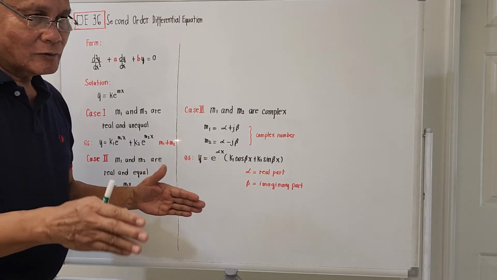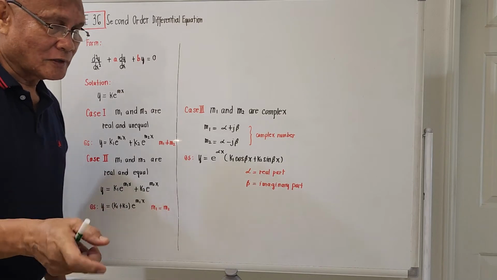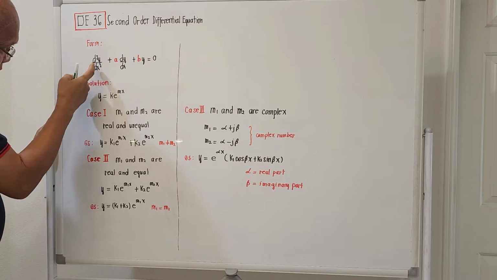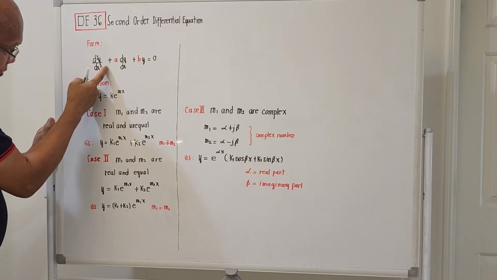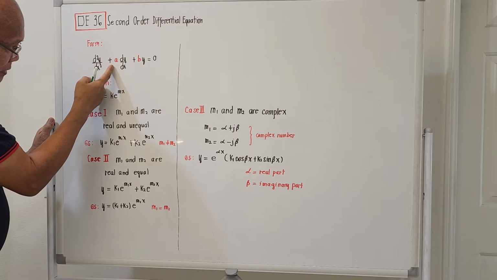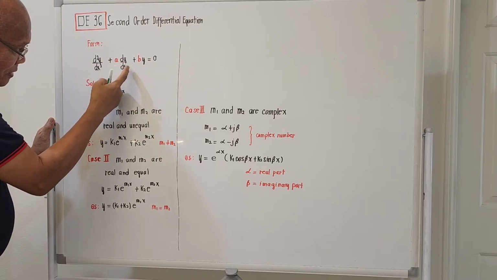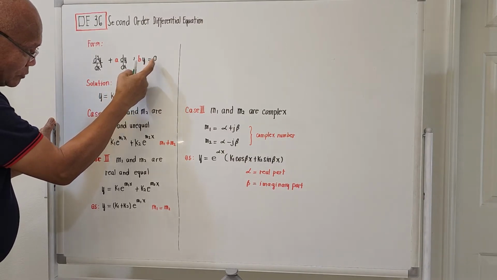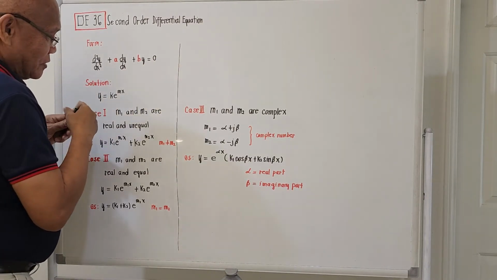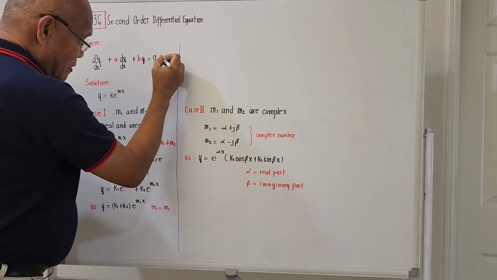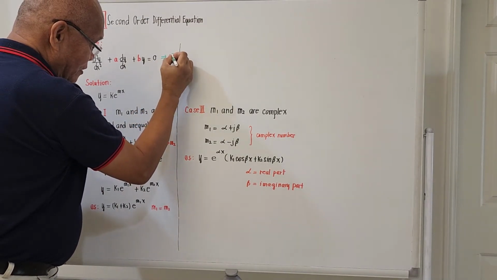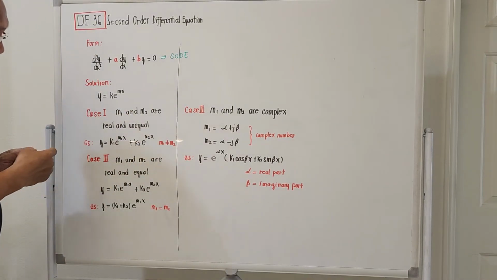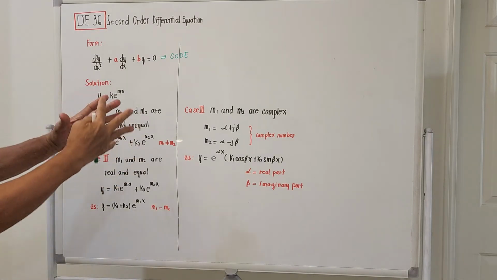I will try to bring out the form of a second order differential equation. The form is d squared y over dx squared plus a constant a times dy dx plus a constant b times y equal to 0. This is a second order differential equation.